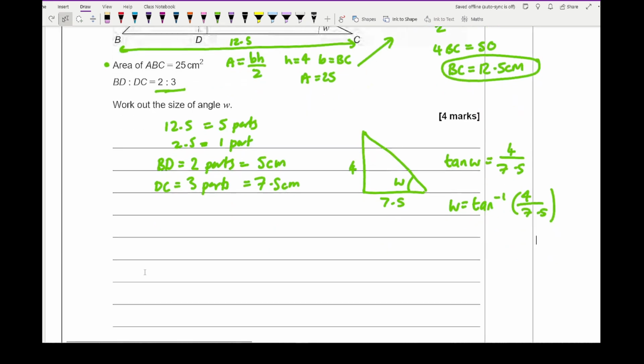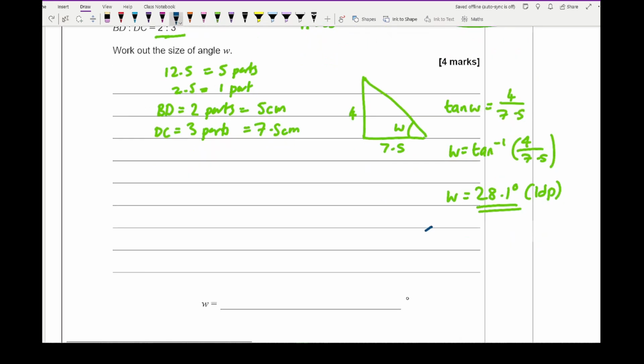And then typing that into my calculator, I get an answer of 28.1 degrees, to 1 decimal place. Now, depending on rounding, the answer would accept any answer between 27.9 and 28.4. So as long as you've done the right method, and your answer is between those two values, you would be absolutely fine.